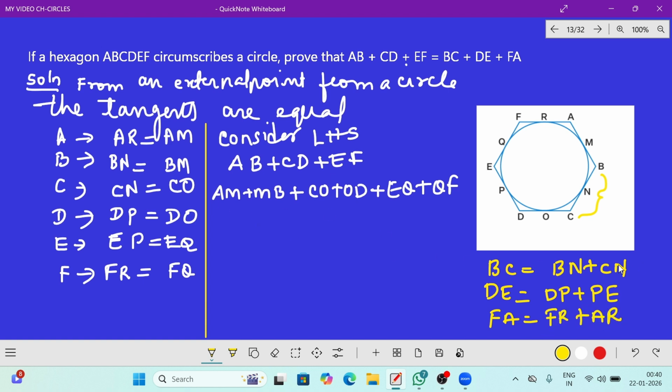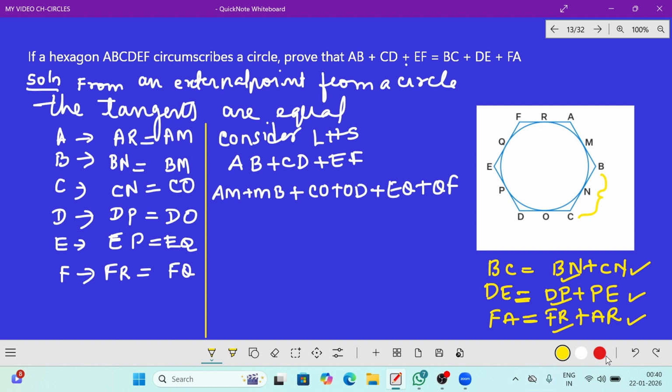Now you see, we can group these and rearrange them. I want AR, PE, CN, BN, DP, and FR. So can I substitute from here?